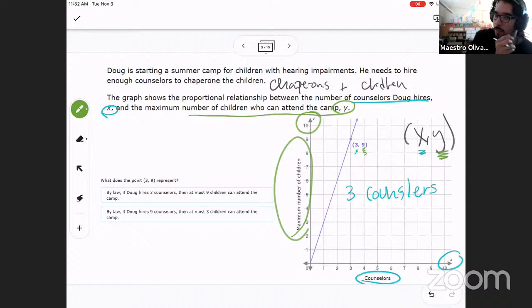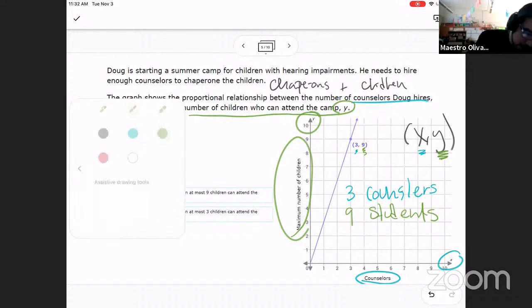Can you explain why it's the number of students? Okay, maybe you can't. But anyways, thank you so much. So it's 9 students and 3 counselors.